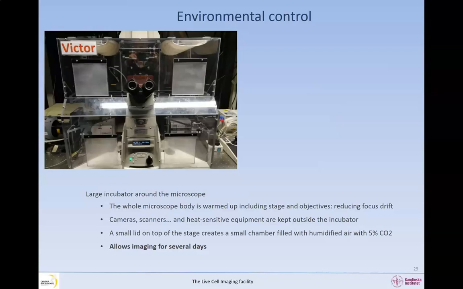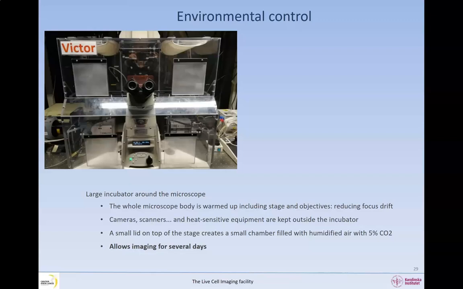Here we have an example of a fully heated enclosure around the microscope. This construction has the advantage of heating up not only the stage, but the whole microscope body, including the objectives, thus reducing focus drift and minimizing thermal cycling of optical and mechanical components.